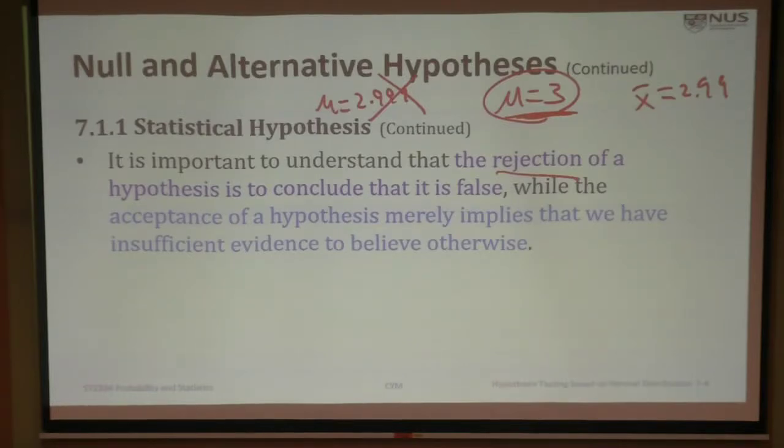Or in other words, whether we should reject the hypothesis or do not reject the hypothesis that mu equal to 3. So if X bar equal to 2.99, will you believe that mu equal to 3? Yes? No? I don't know. Is 2.99 very close to 3?